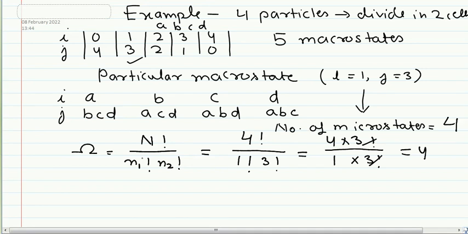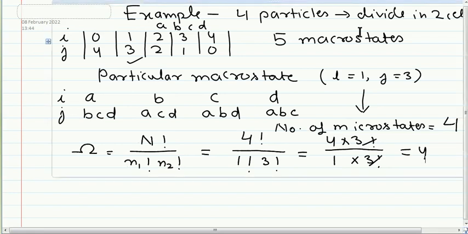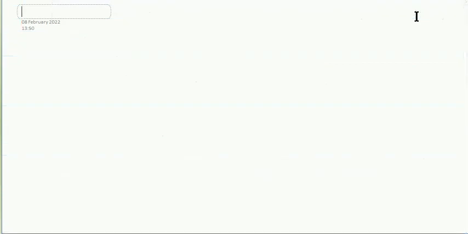Now using this thermodynamic probability we have an important equation or important formula. That formula is known as the Stirling formula. So let us do that also. Stirling formula.